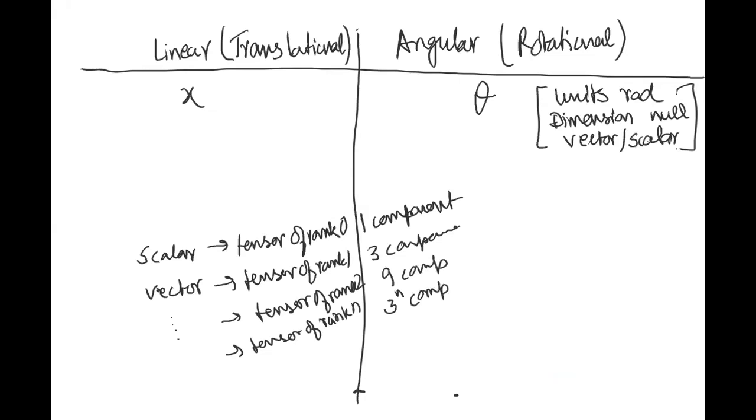So what is a tensor? What is the meaning of this mathematical word? What does vector mean? Vector means that we are dealing with a set of mathematical objects which follow certain predefined rules, right?